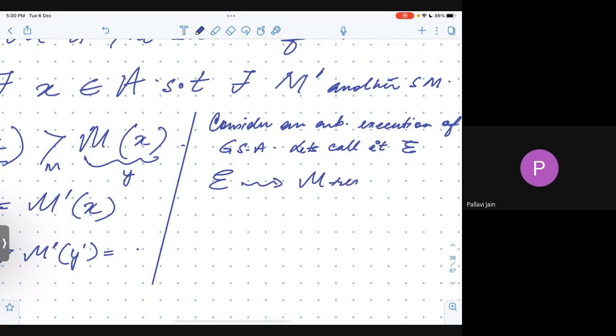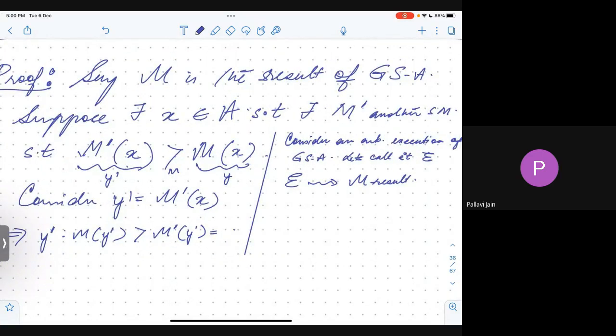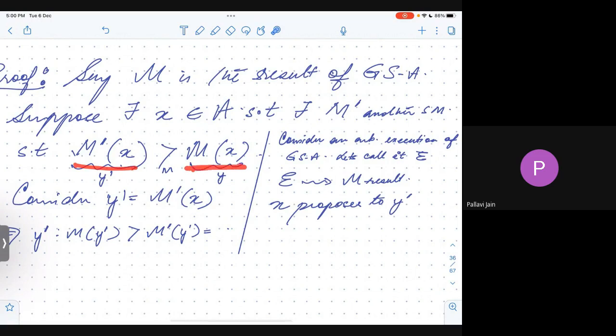So during this run of Gale-Shapley, X proposes to Y prime, this woman, before it proposes to its eventual partner Y, right?